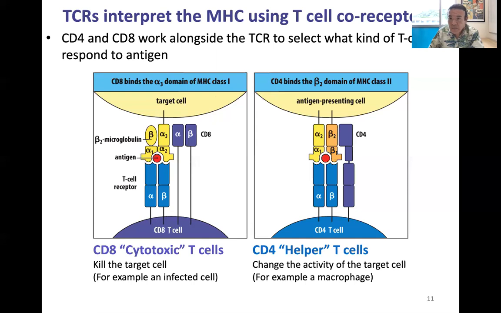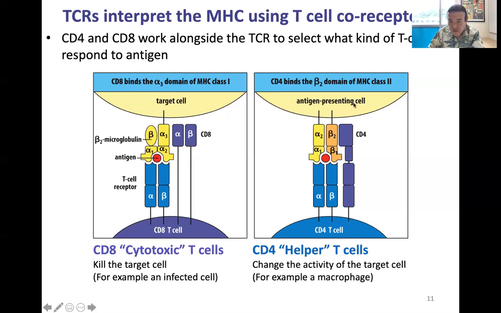Again, because the red dot that came from, let's say, bacteria or virus or whatever, ended up being shown on MHC1 because this cell was infected by it. So the red dots were just floating around in the cytoplasm. To contrast, what if it's the exact same red dot, but it's coming from a professional antigen presenting cell that was not infected by the bacteria or virus, but it phagocytosed the bacteria or the virus?